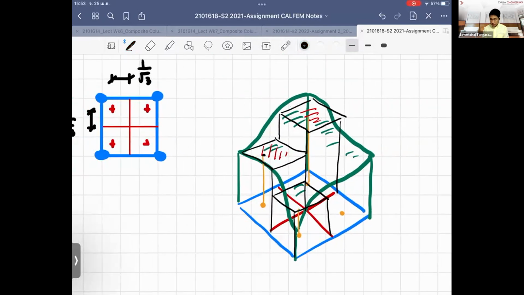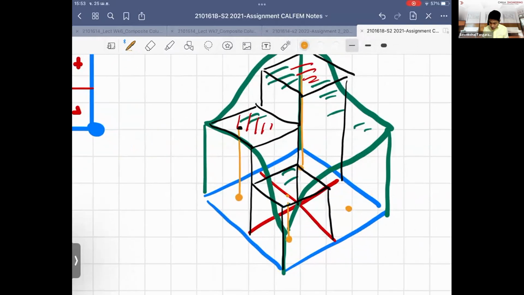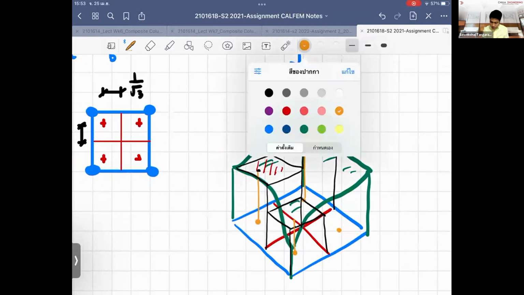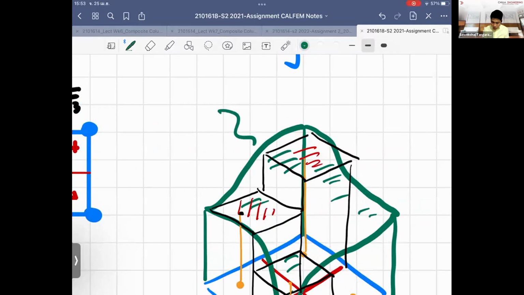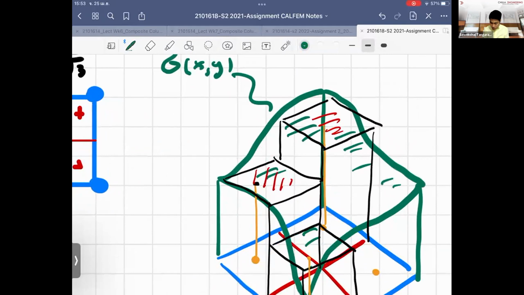Right. So the Gauss point might represent the stress value here, and this is the real surface of the stress response in X and Y. But when you obtain the stress values, they are the approximations at the Gauss point.